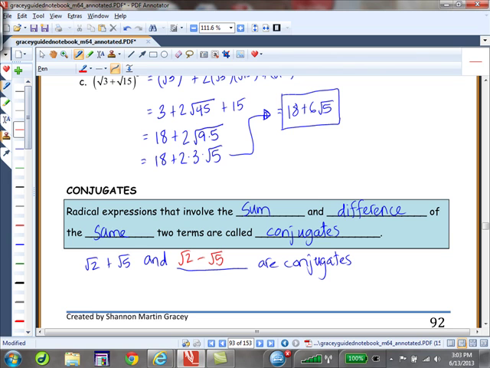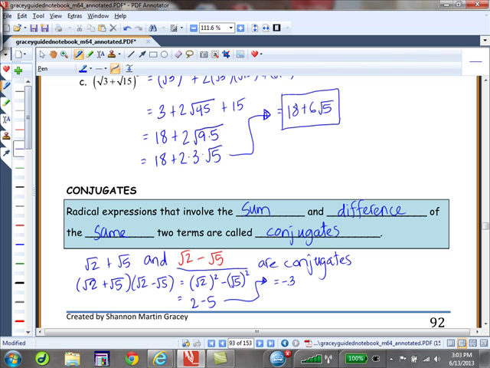And then, if you multiply them together, they result in a difference of squares. So if you do root 2 plus root 5 times its conjugate, root 2 minus root 5, you would get root 2 squared minus root 5 squared, which is 2 minus 5, which is negative 3.